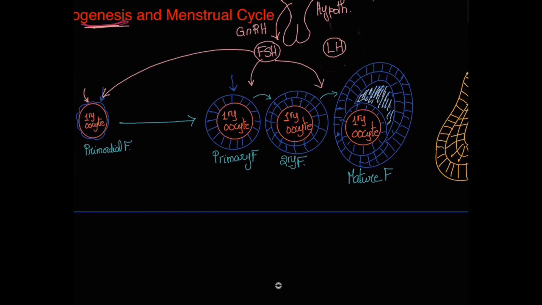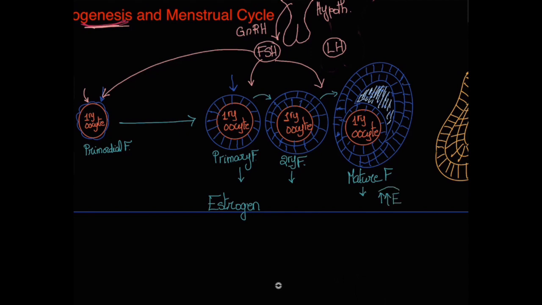All those growing follicles are going to be releasing an ovarian hormone that we call estrogen. And the estrogen will be released in large amounts from my mature or Graafian follicle. So the mature follicle, the secondary and primary follicles, those growing follicles are going to be releasing the ovarian hormone estrogen. The mature follicle will be releasing much more estrogen compared to the rest of those follicles.